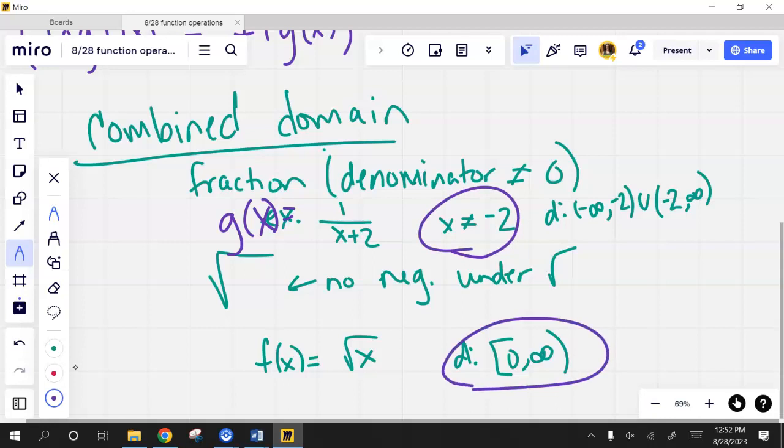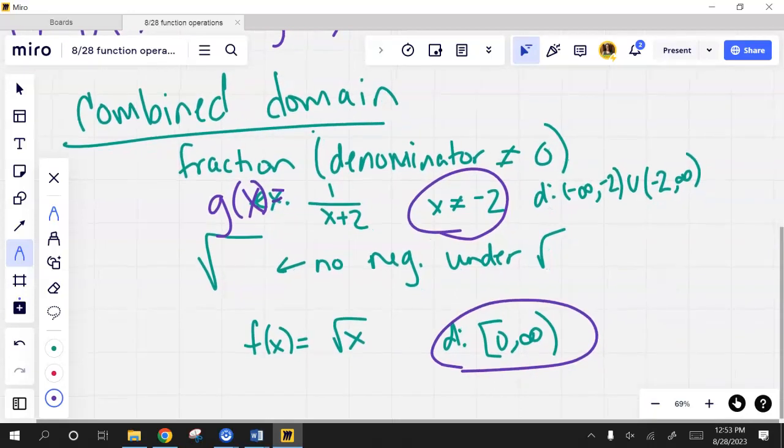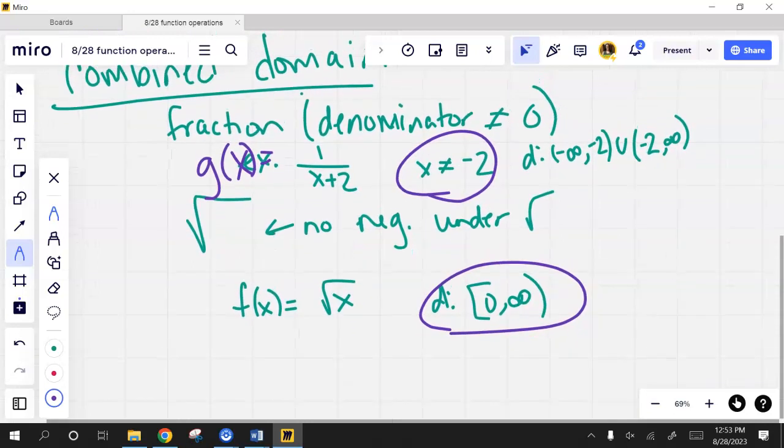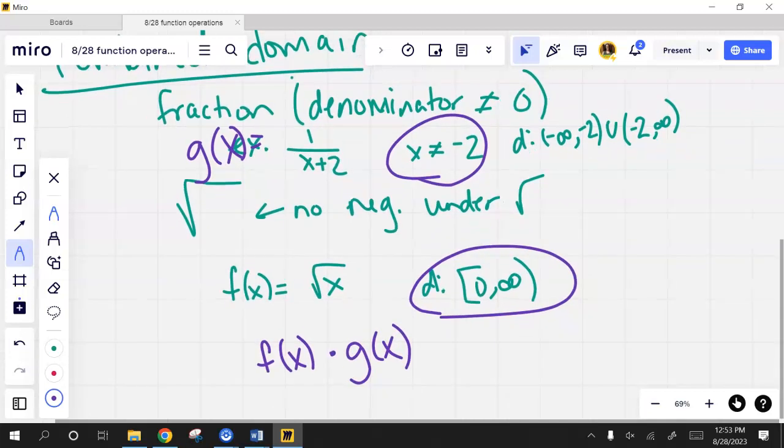This function leaves out anything negative, right? Let's say I want to multiply them together. I have to look at each individual function's domain, and then I also have to look at it all together. So if it's left out of one, it has to be left out of the combined one. You have to do that.